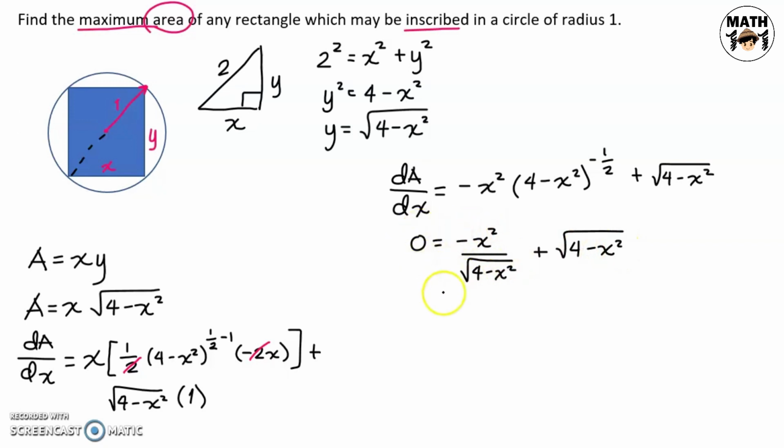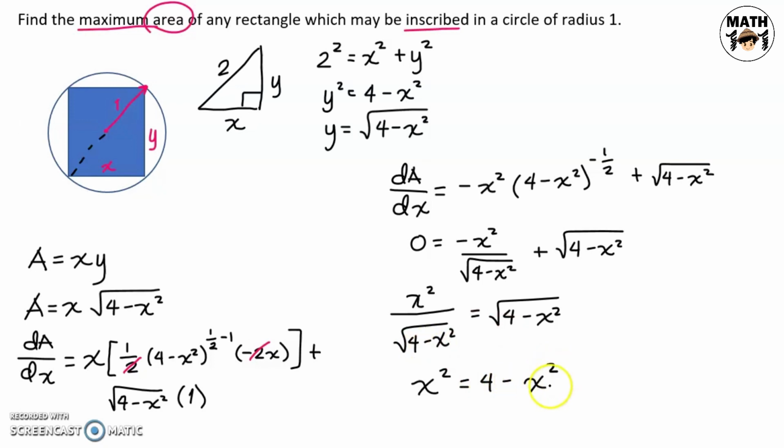Lipat natin to sa left side, so it will become positive. Cross multiply, so x squared times 1 is x squared. Square root of 4 minus x squared times square root of 4 minus x squared is 4 minus x squared.